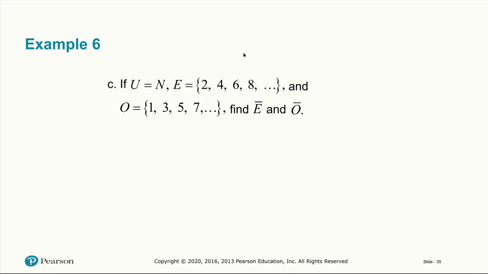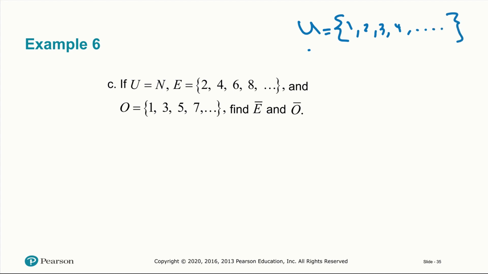All right, here we have another example. Here, the universal set is the set of natural numbers. Now, while you may know exactly what that is, I strongly recommend you actually write it out. So U is the set containing 1, 2, 3, 4, write a few elements at least.